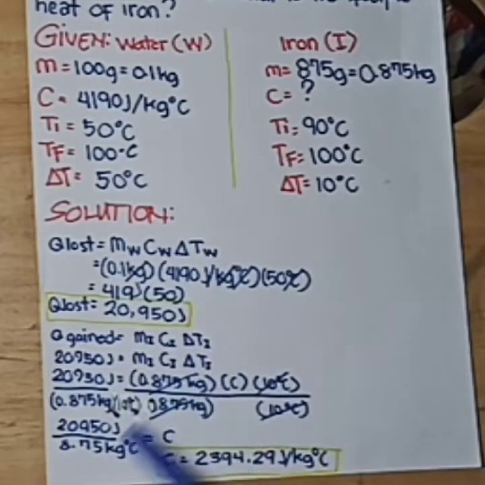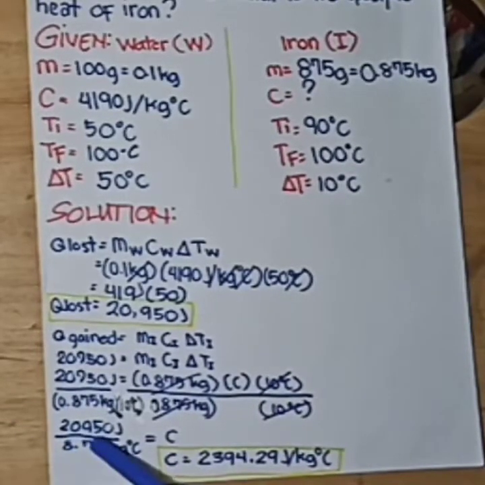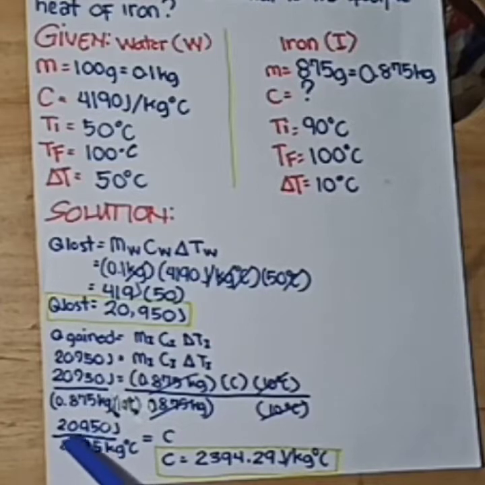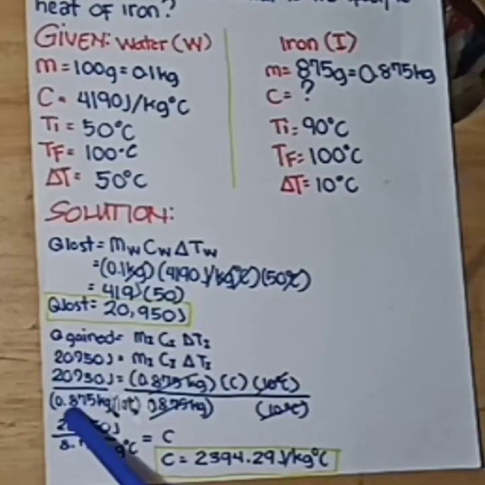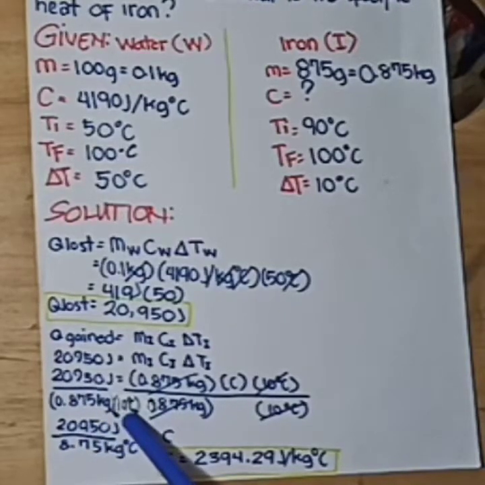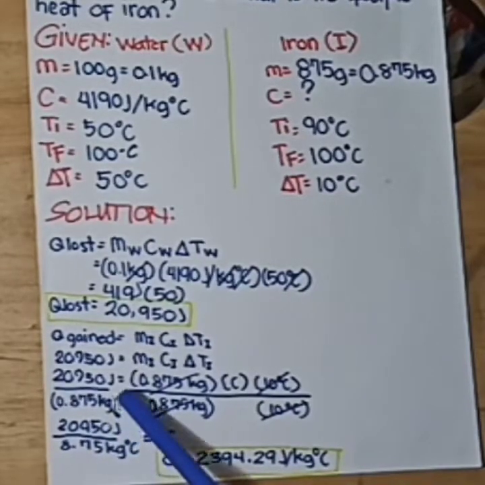We cancel out first: cancel here, cancel here. Then we have 20,950 joules over 8.75 kilogram degrees Celsius, where we multiply 0.875 kilograms times 10 degrees Celsius.